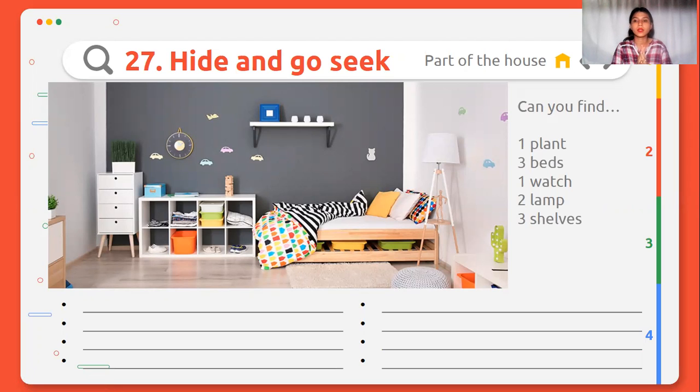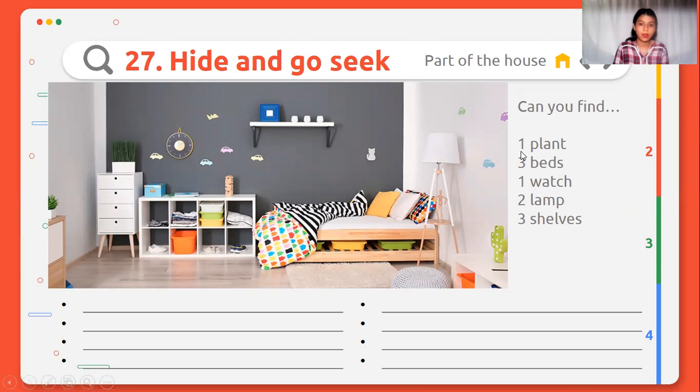So the student has to look carefully at this picture, and after that they have to find the objects that are here and mistake the error.